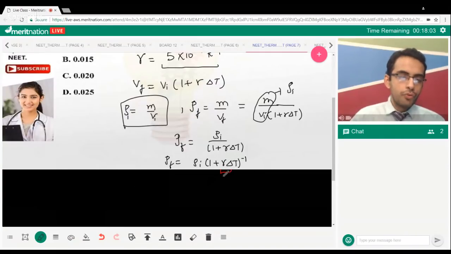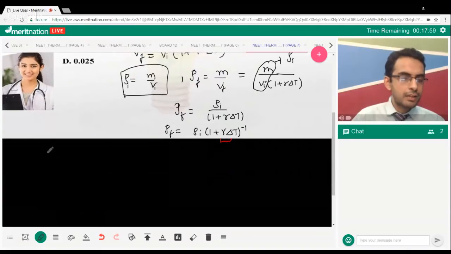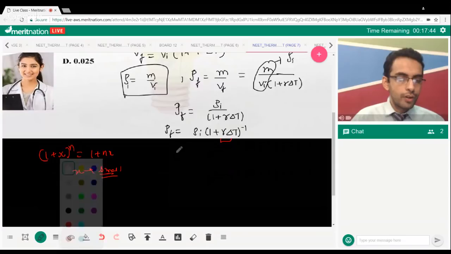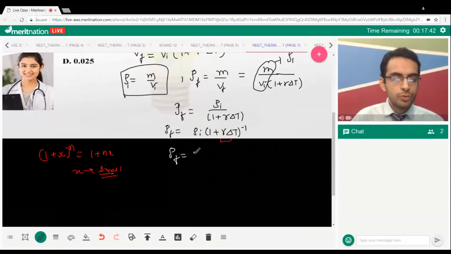You must have learned in binomial expansion that 1 plus x raised to the power n can be written as 1 plus nx for x very small. Similarly, we can say rho F is equal to rho I multiplied by 1 minus gamma into delta T.